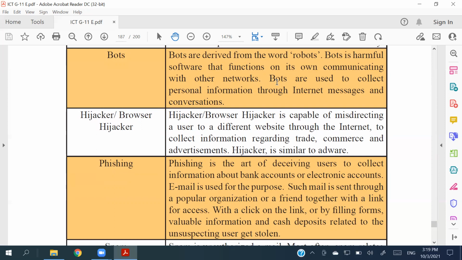Bot is taken from the term robot, right? A bot is a harmful software that functions inside a network. So that is the bad thing. When you have a bot in a computer, if it is connected to a network, it can spread through the network and communicate with all other devices in it, right?